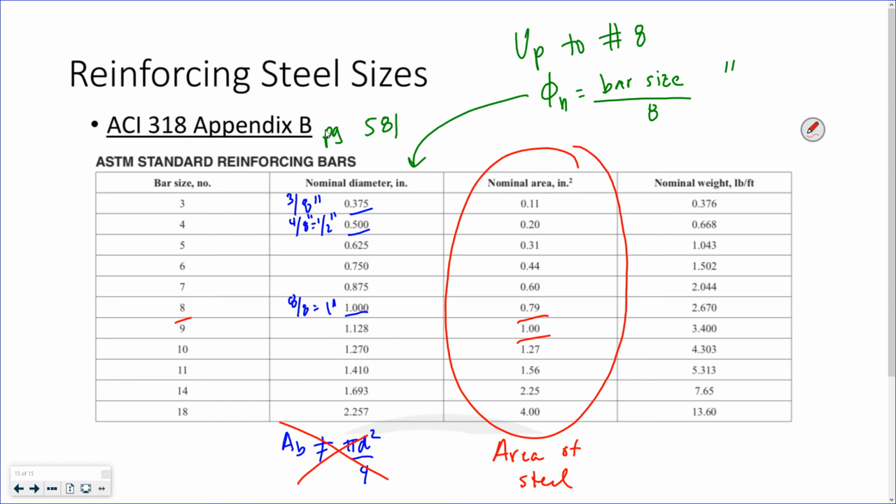And number 10, you see the diameter is 1.27 and the area is 1.27. This is a tab that you will use all the time unless you have this memorized. It is often a table that is up on the walls of a structural engineer who designs concrete, for a quick reference.